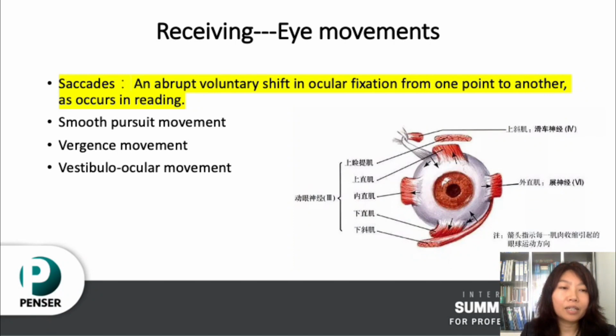And also there is the vestibular ocular movement. All of these 4 types of eye movement are very important for visual perception. But in the classroom, the most important eye movement is saccades, although the others also exist.